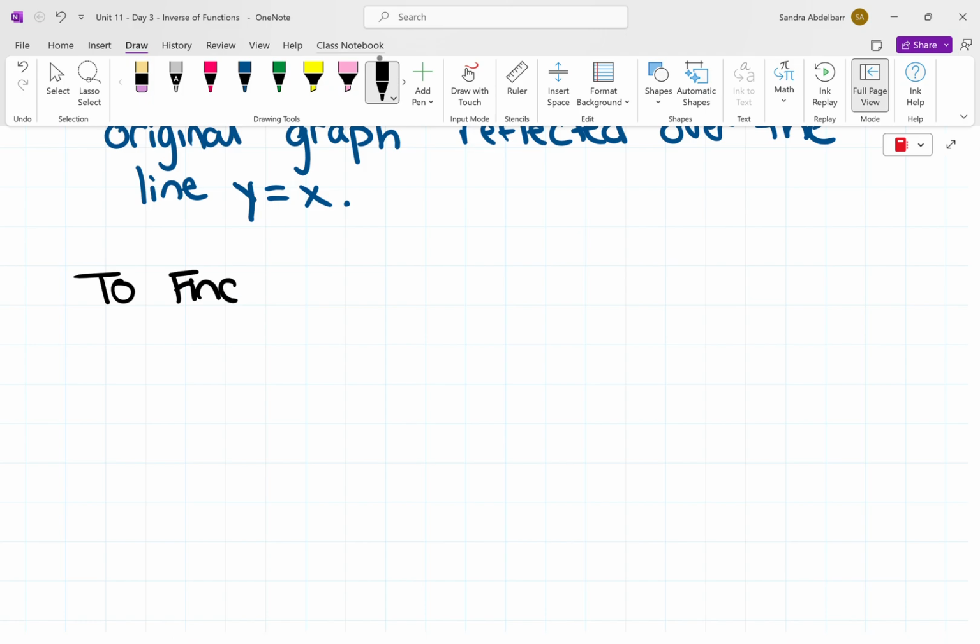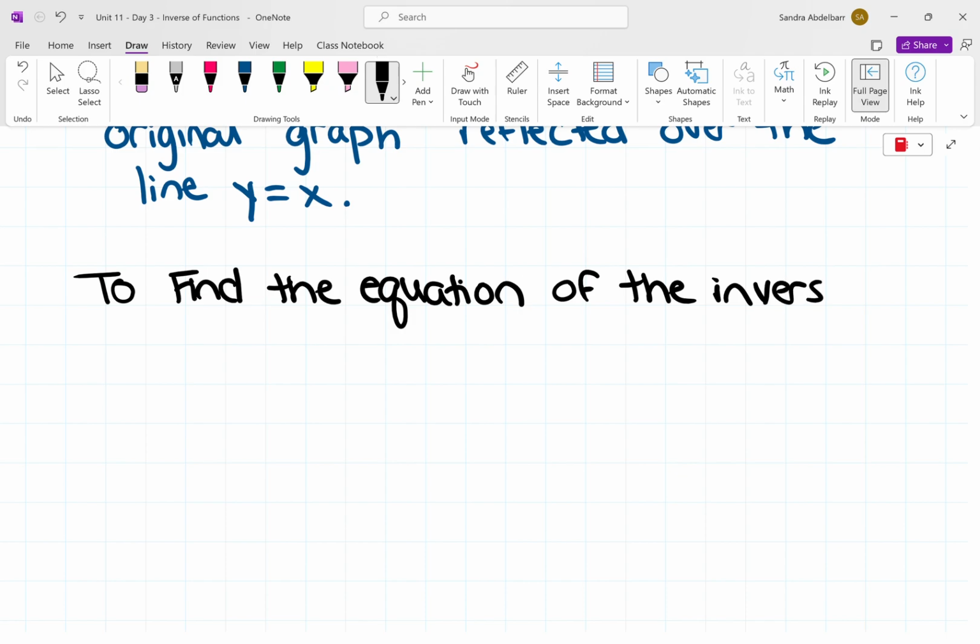The next part, to find the equation of the inverse algebraically.